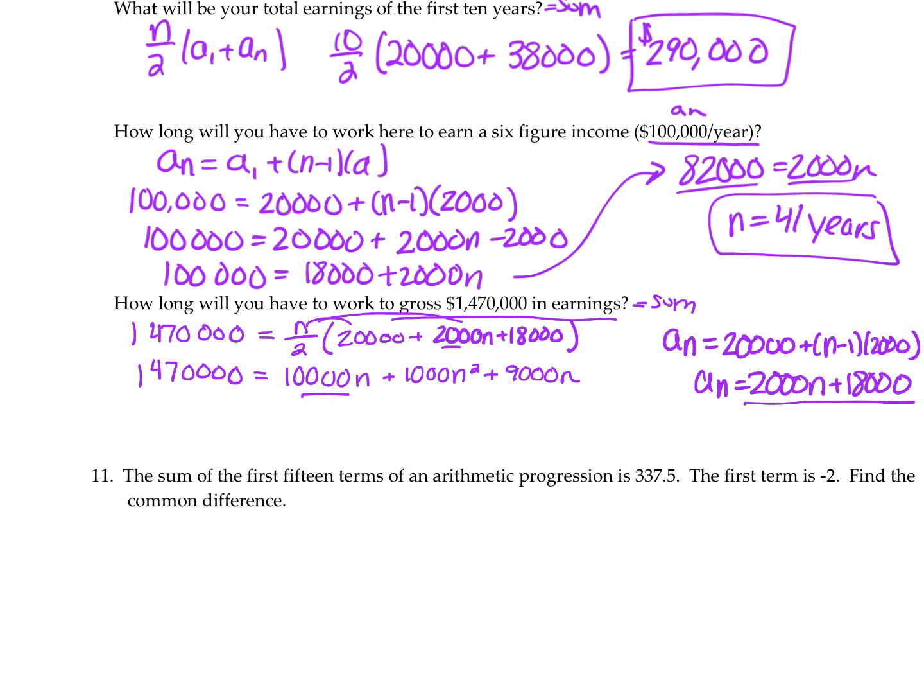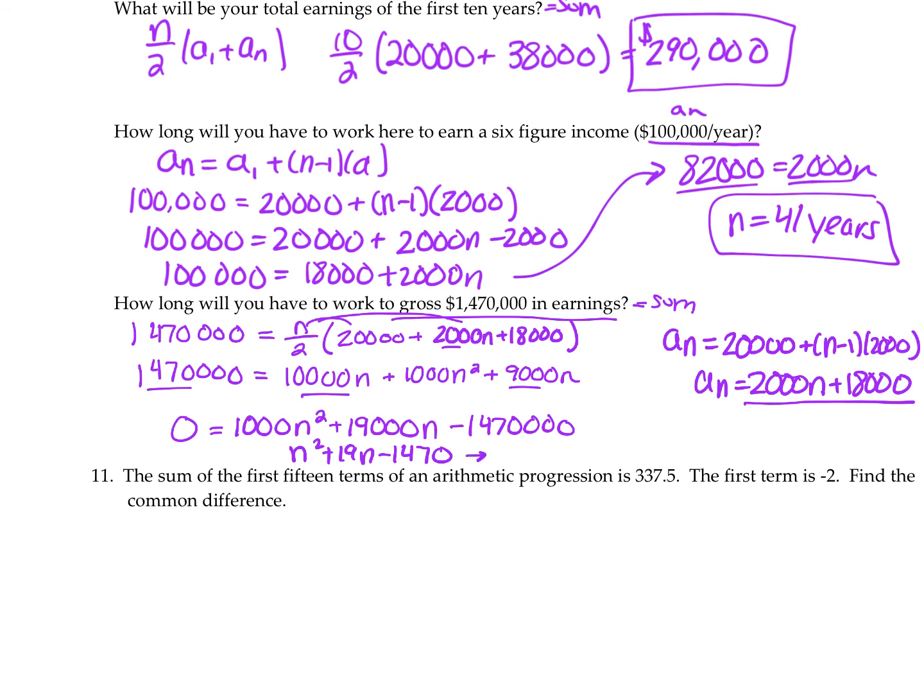All right, so let's add like terms, and I see I'm going to have a quadratic, so I want it equal to 0. So I'm going to have 1,000 N squared plus 19,000 N minus 1,470,000. So I can actually divide everything by 1,000, so I'll end up with N squared plus 19N minus 1,470.